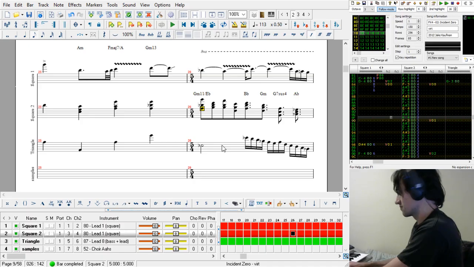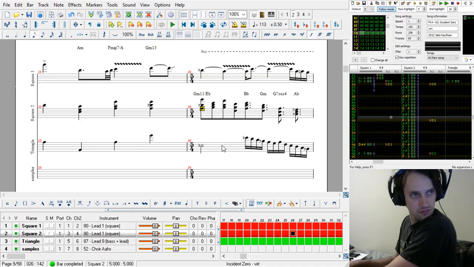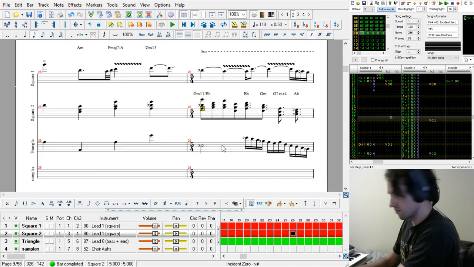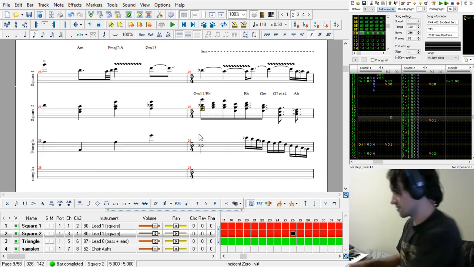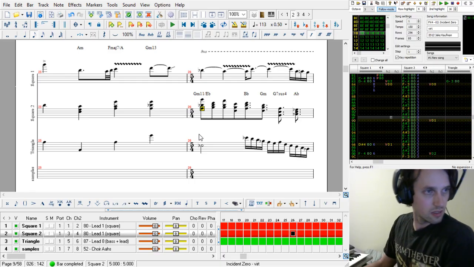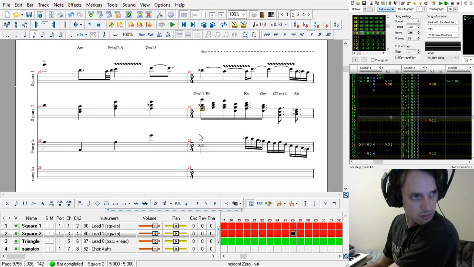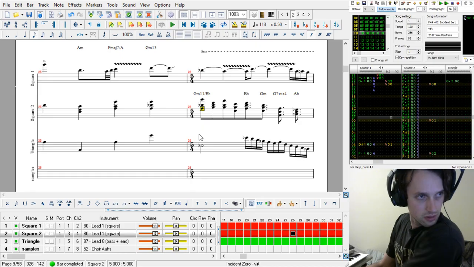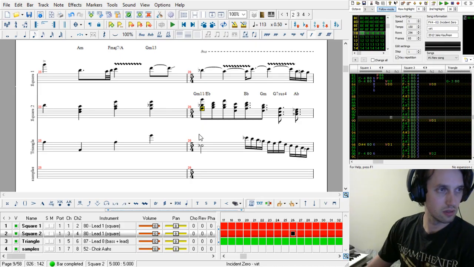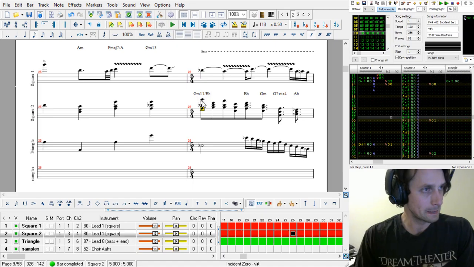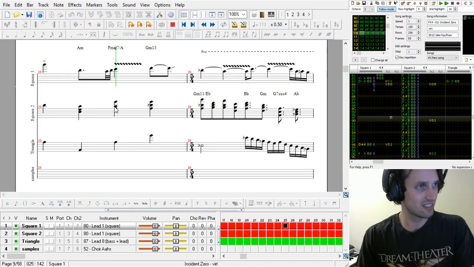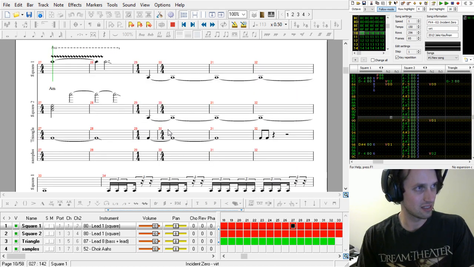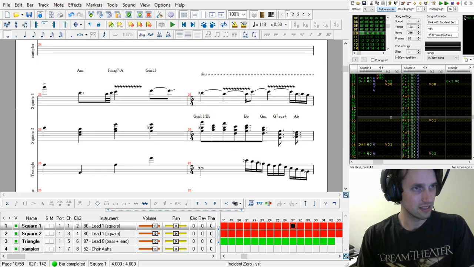And this little bass run here. And the melody too. That's okay.